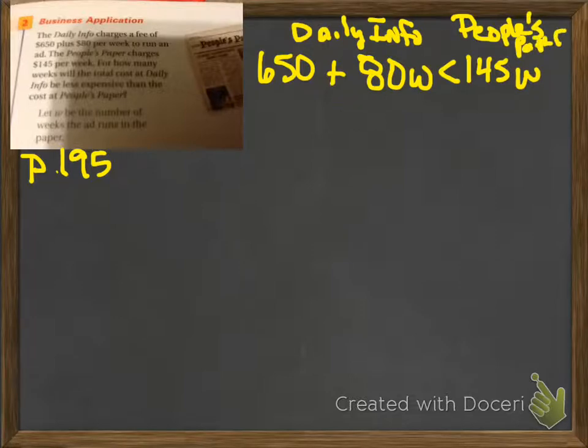Now, against my better judgment, actually, we're going to do it this way. I don't like the way this is written, so what I would do is I would go ahead and rewrite this as 145W, flip-flop these. You can do that as long as you keep everything pointing the same direction.